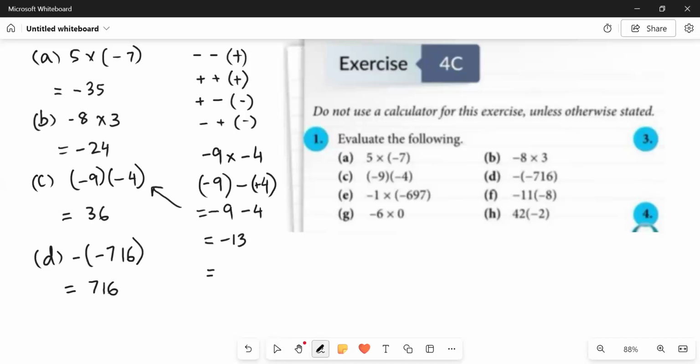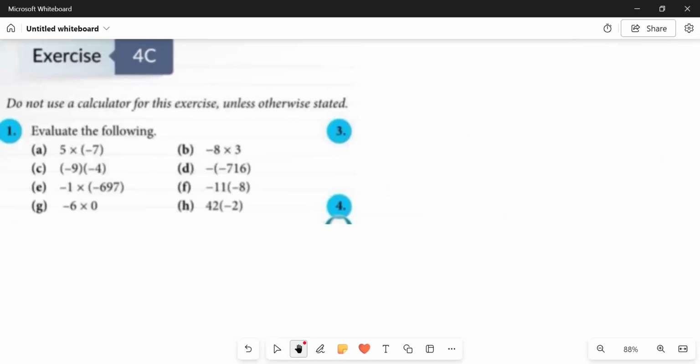It's basically minus 1 times minus 716. So minus 1 is getting multiplied to minus 716. And whenever we multiply a number by 1, the answer is the same as the number. But here the signs will also get multiplied, so the answer would be positive.